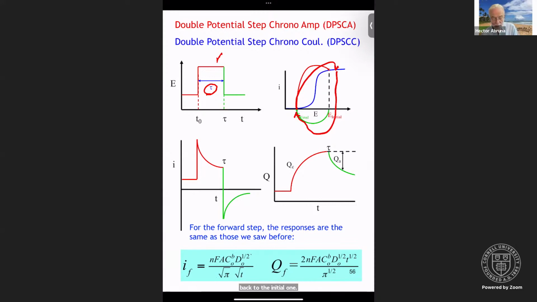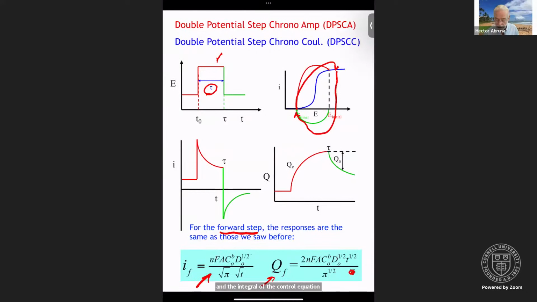What are the responses? So the forward response is what it should be because we haven't changed anything. The electrode doesn't know that we're going to yank it back after the initial step, right? And so for the forward step, the responses are the same as we saw before, basically the Cottrell equation and the integral of the Cottrell equation.